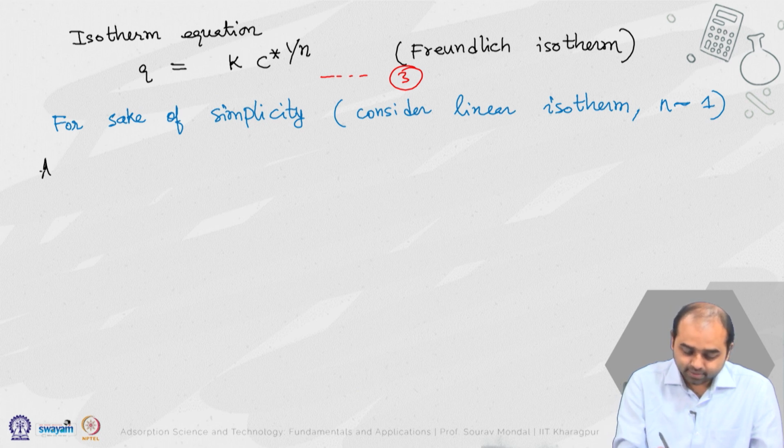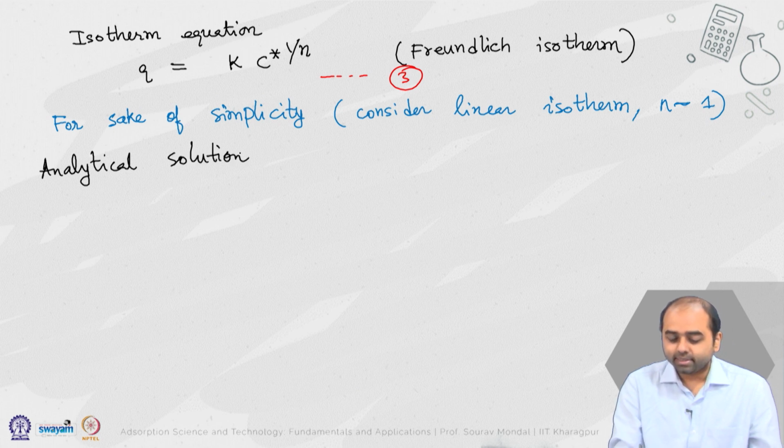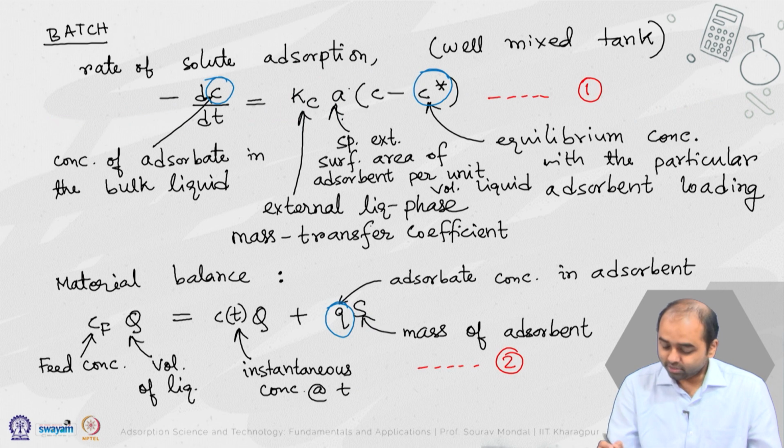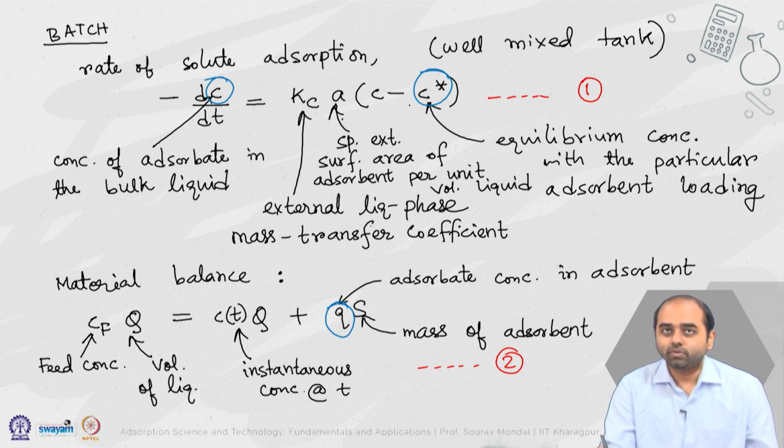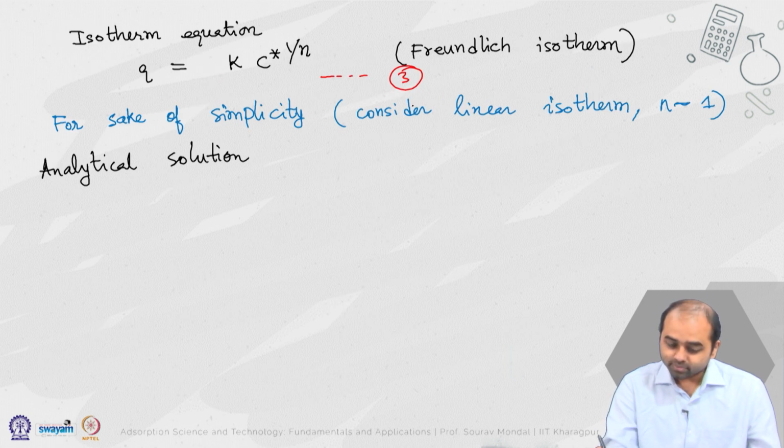This analytical solution can be obtained by coupling this value of C star from equation 3, you put this into equation 2, and then equation 2 can be substituted into equation 1 in terms of this C star.